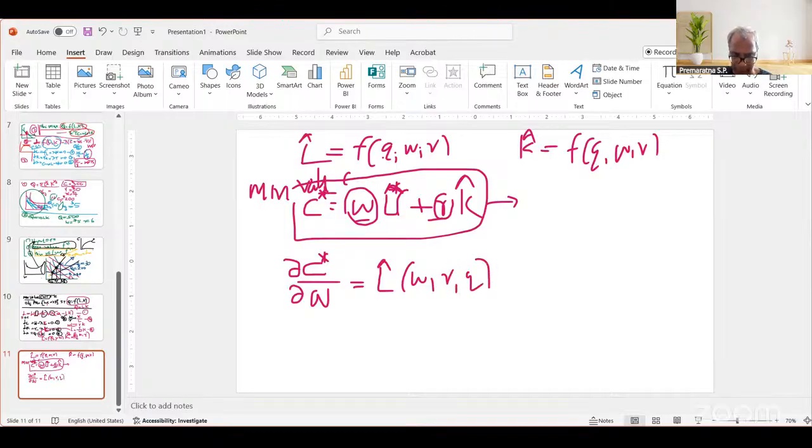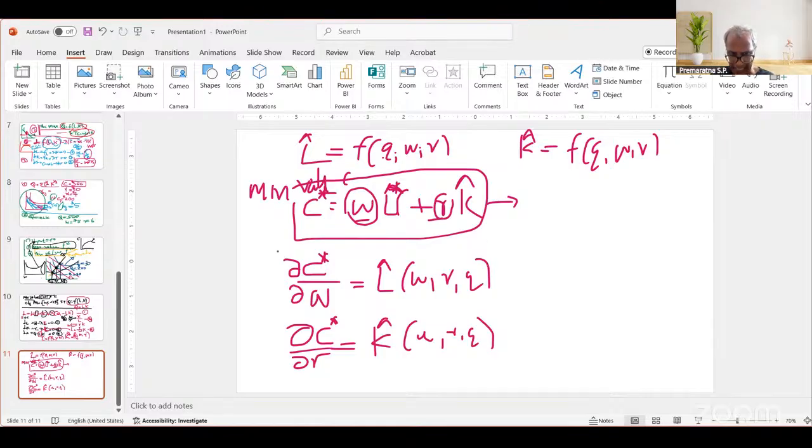When you differentiate the minimum value cost function with respect to R, you get the capital input demand function.